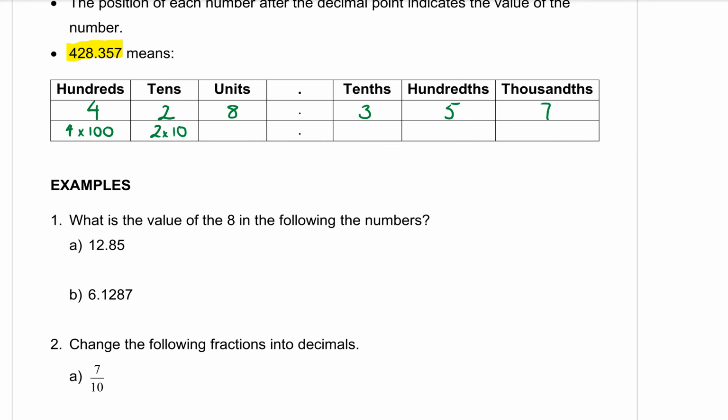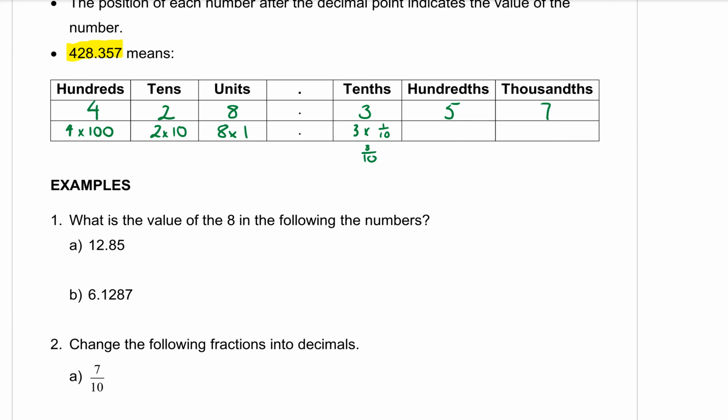Units or ones, I've got 8 of them, so that would be 8 times 1. Then we have our decimal point again. 3 tenths is the same as 3 times 1 tenth. Or in other words, you could write that as 3 over 10. Means the same thing. That's why we go straight to tenths.